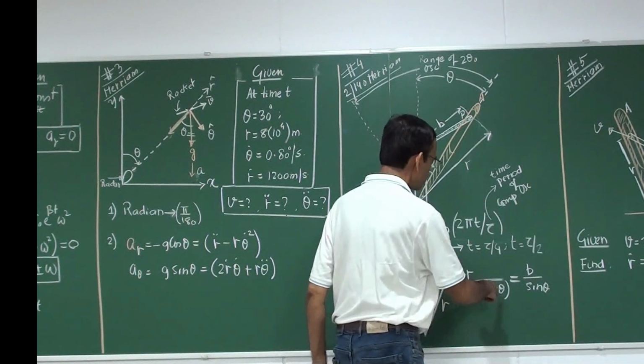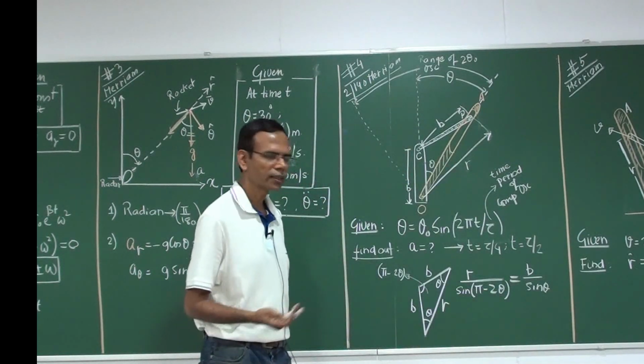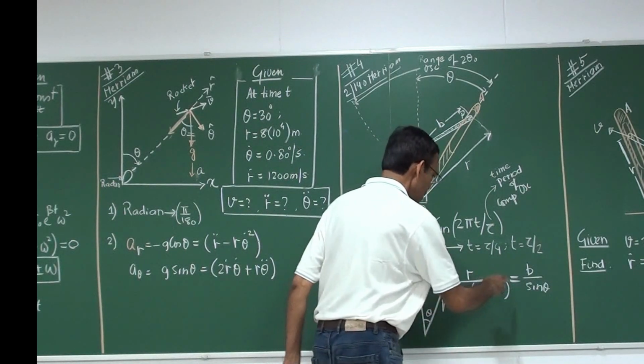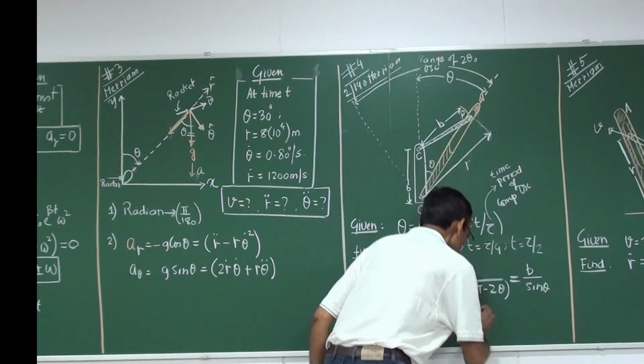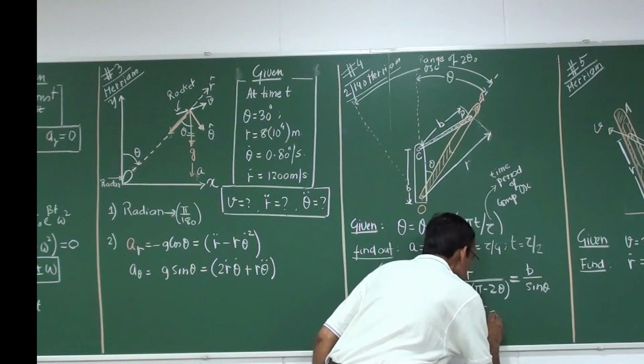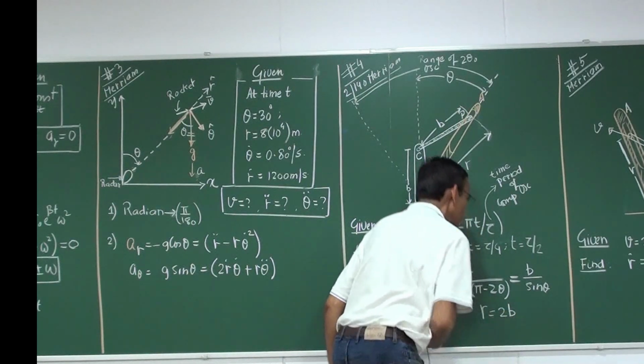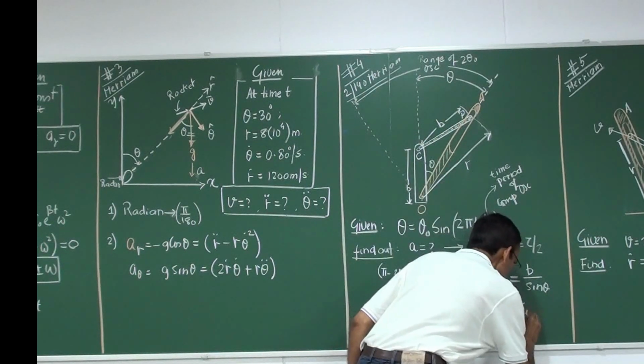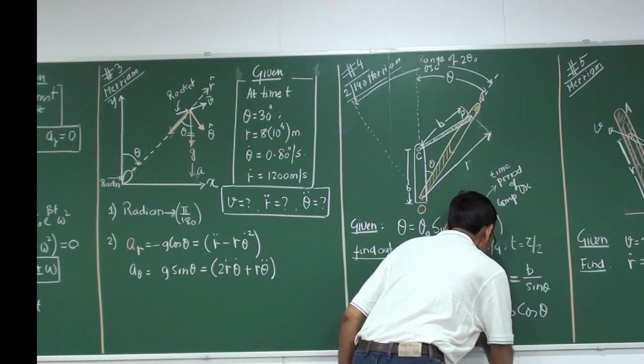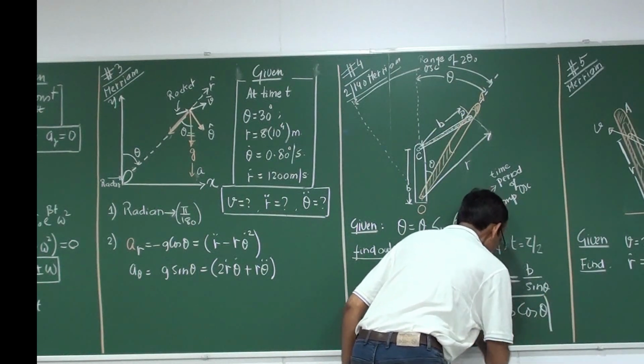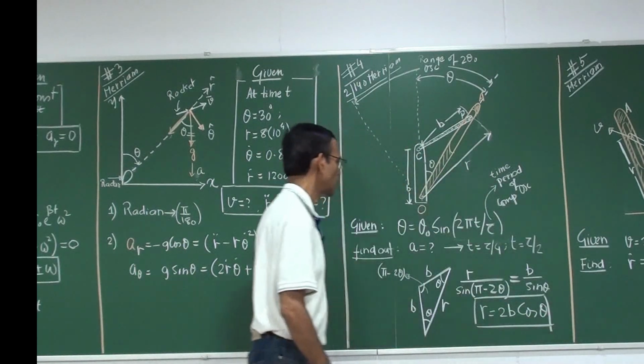So what is sine of pi minus 2 theta? It is sine 2 theta, so 2 sine theta cos theta, and sine theta will cancel. So R is equal to 2B cos theta. Okay.